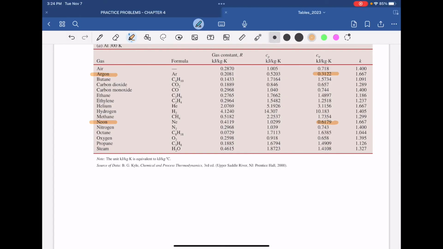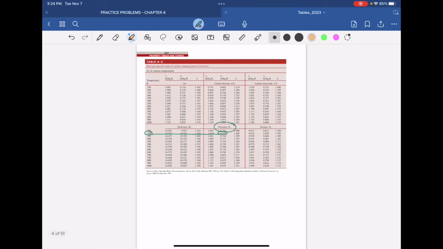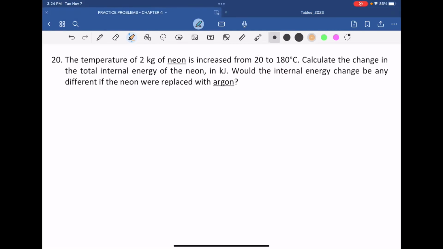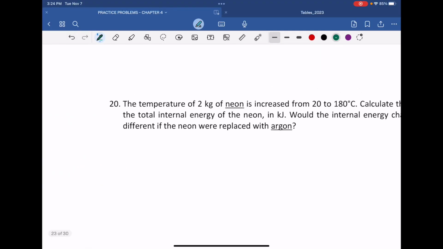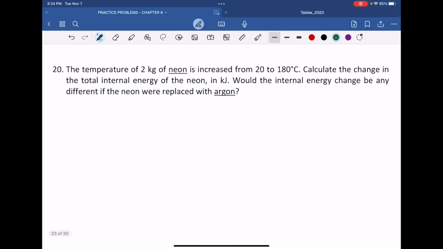And within a wide range of temperature changes, probably these gases do not significantly change their specific heats, so we don't have tables for those gases other than these. So what we can do is only use the values for Cv that are given to us in table A2A. I think that was it. Table A2A. Let me check it. Yes. And we can use that.